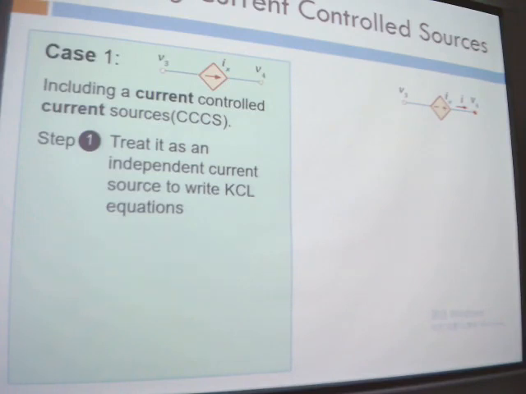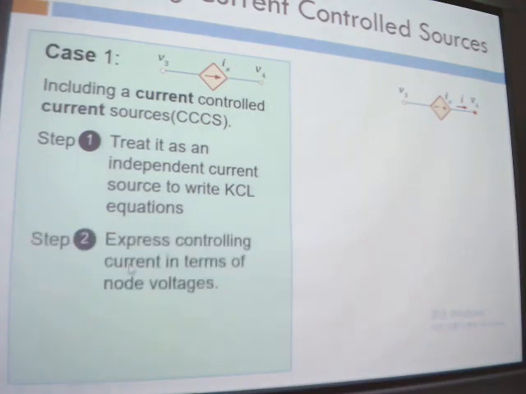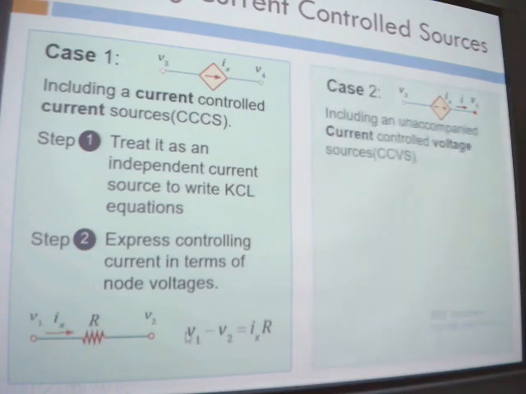And then we express the controlling current Ix in terms of node voltages. Clear? For example, like this way. Suppose our Ix is here. And we know our Ix times R is equal to V1 minus V2. So we add one more equation like this.